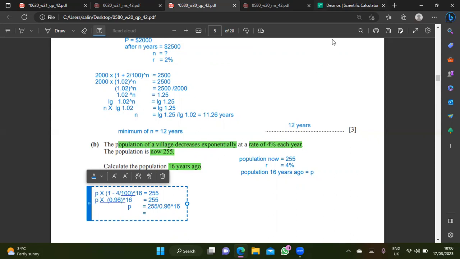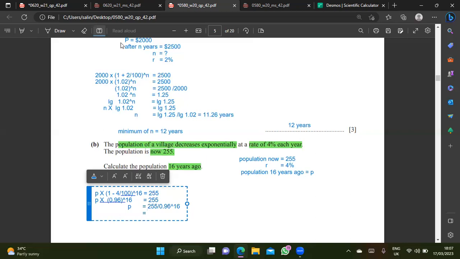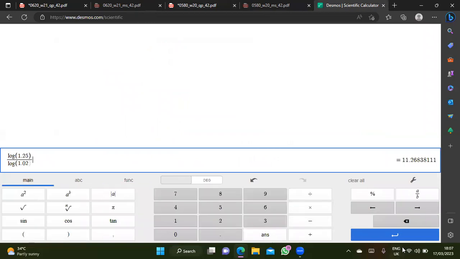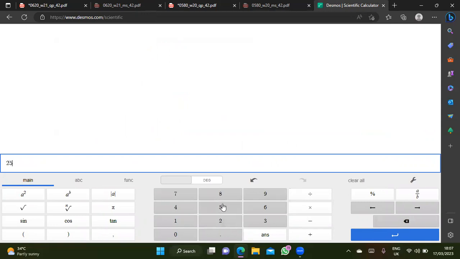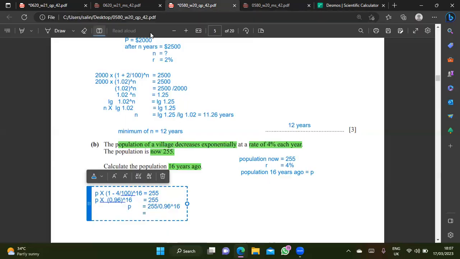Let's get the scientific calculator here. All right, so what's the value just now? 255. 255 divided by, be very careful when you key in the calculator. So 0.96, is it 0.96 just now? 0.96 to the power of 16.